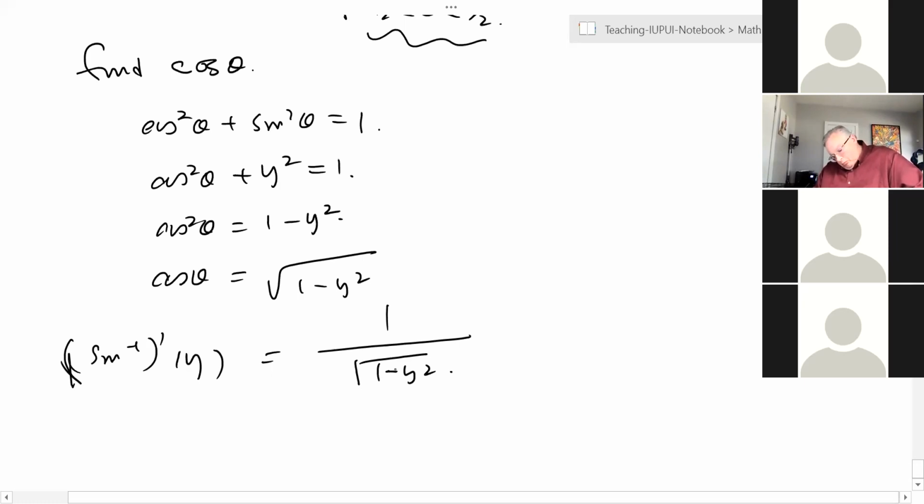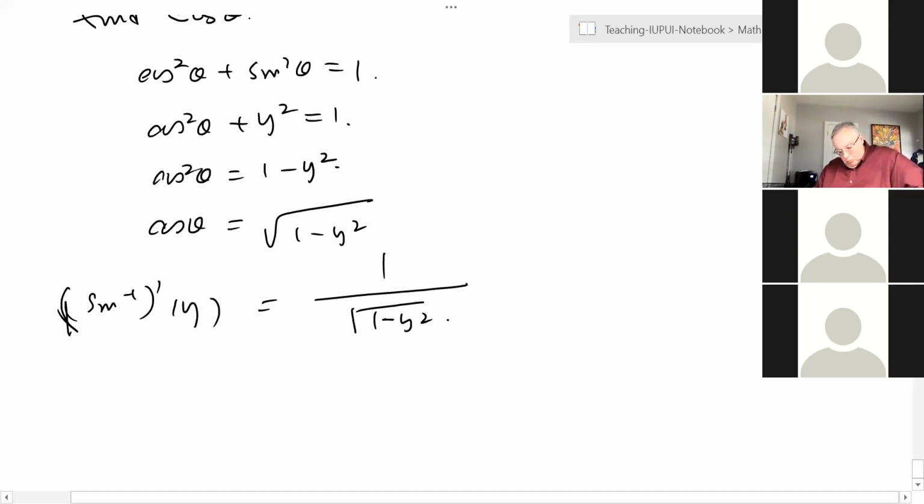I cannot rewrite it. But when I differentiate this function, I find that the derivative can be expressed using much more elementary functions like a square root. Okay, that's interesting, right? So that is the derivative.